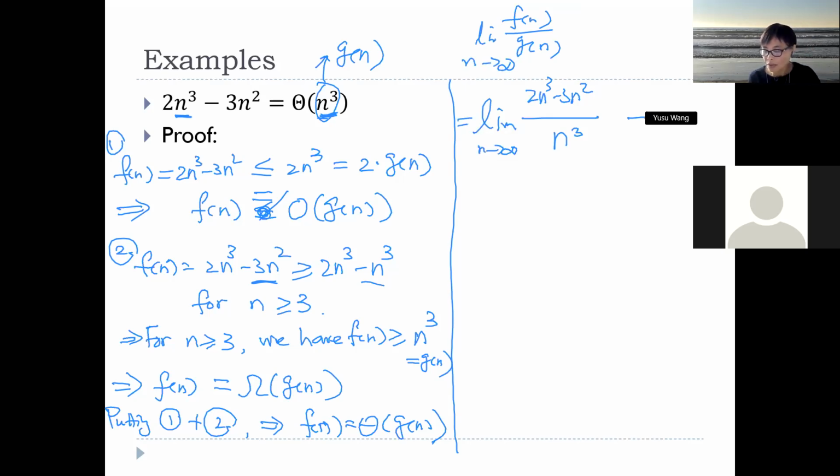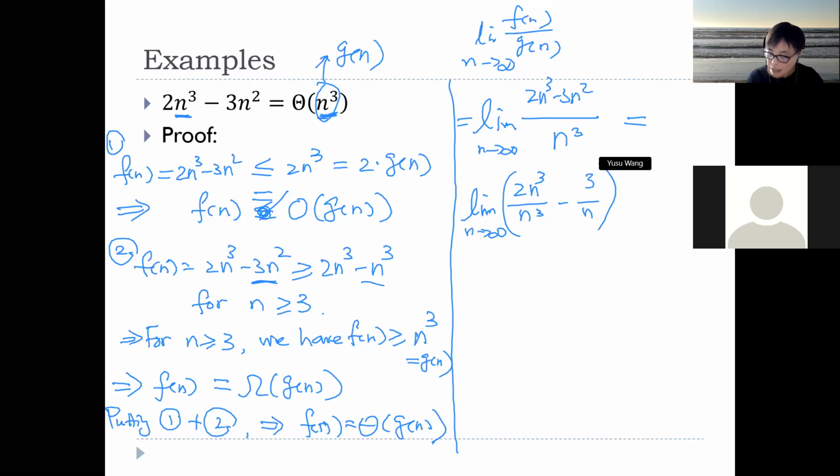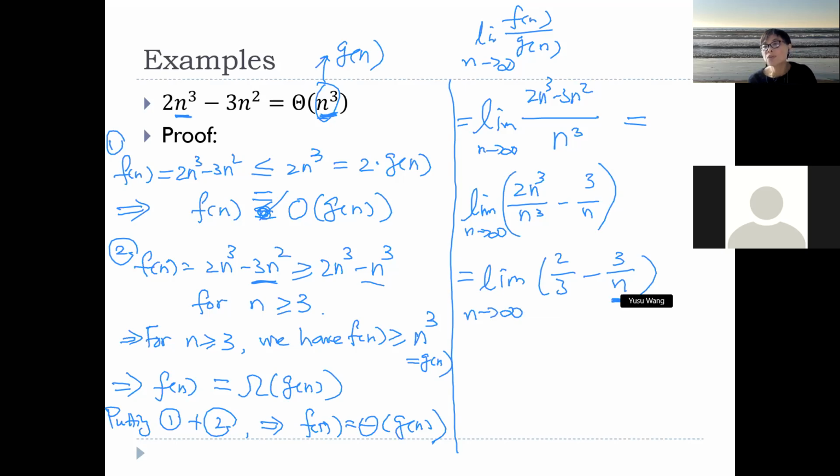And then for the limit of this, we see that this is a low order term. So let me actually write it out. This is the limit of 2 minus 3 over n. And as we see, as n goes to infinity, 3 over n goes to 0. So the limit of this is simply 2.